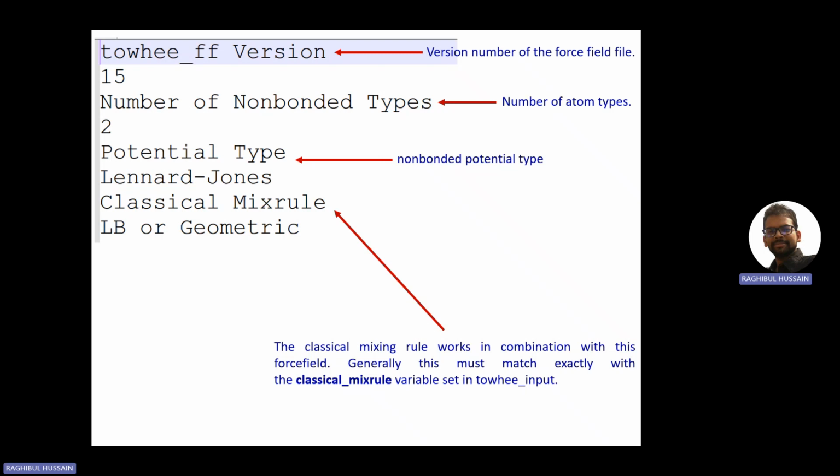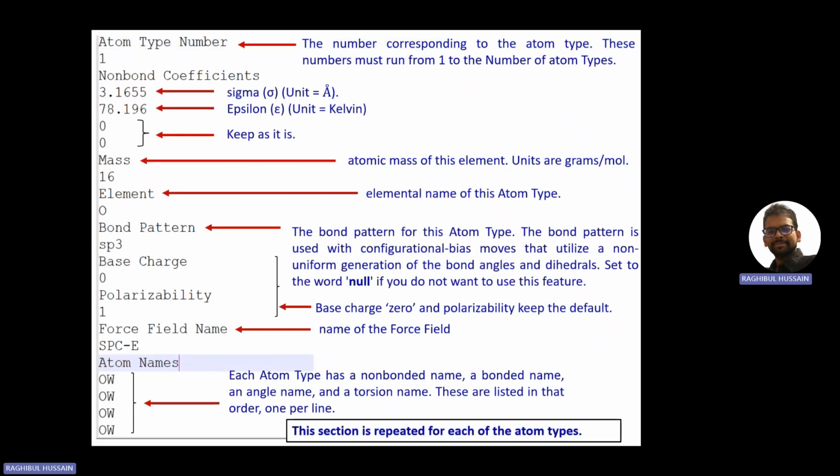So right now, first we have to put all the information regarding non-bonded type atoms. Done. Now go to the next. We have two atom types, so we start with atom type number one. Then the non-bonded coefficients.